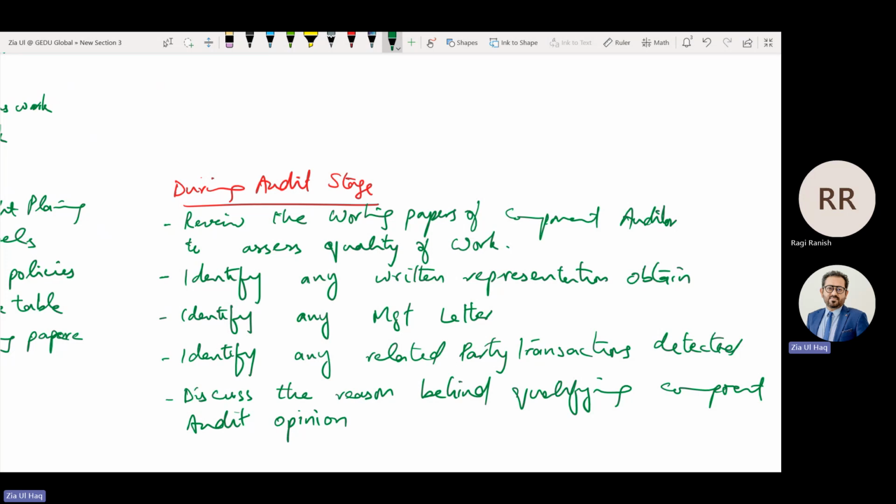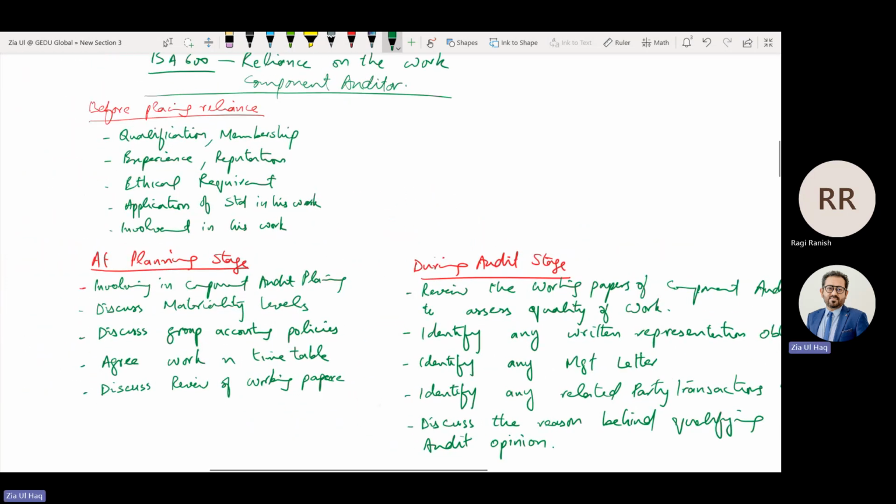If it is material from consolidated financial statement view, this means we need to provide qualified audit opinion for the consolidated financial statements as well. So these are the procedures that we need to remember.